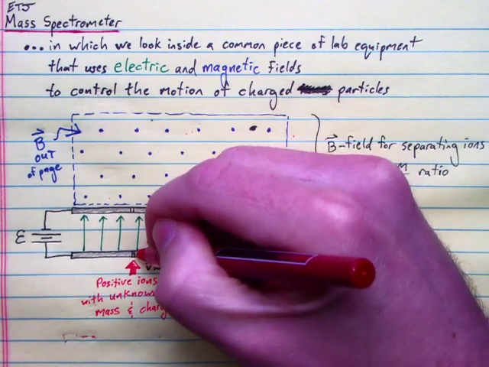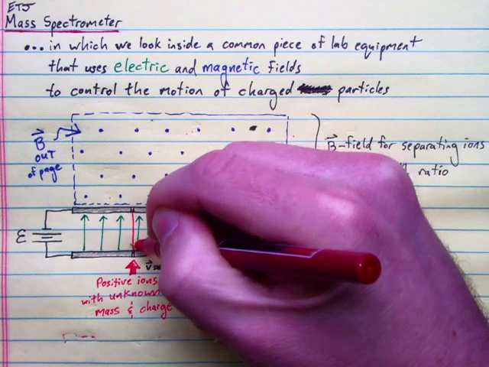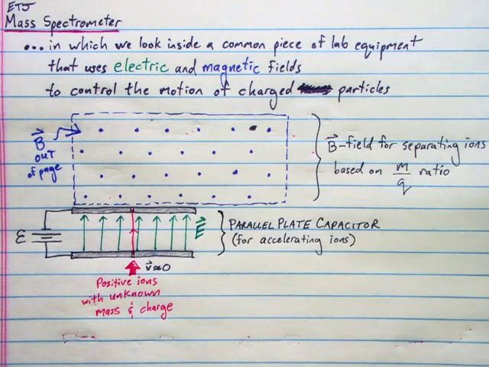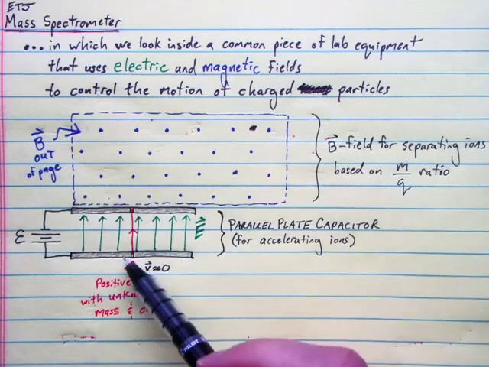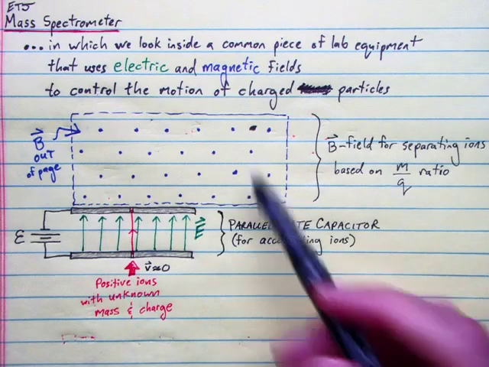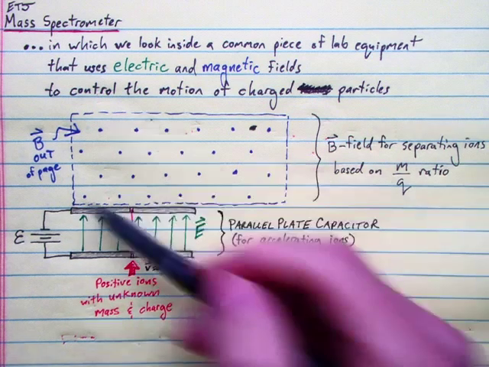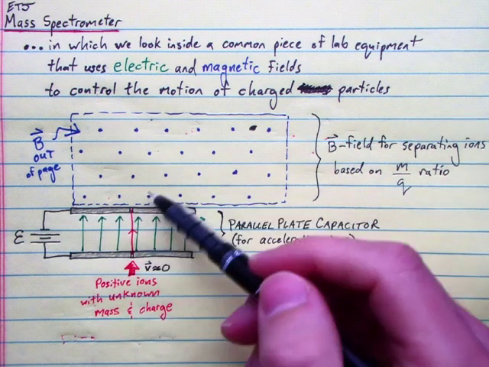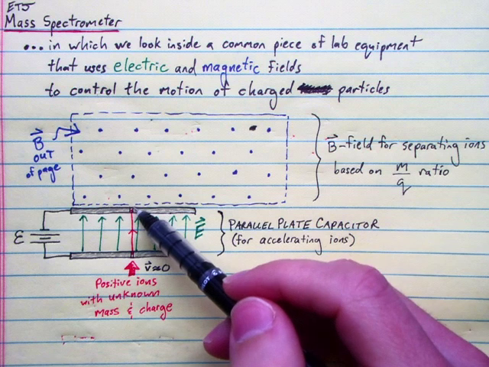So here come our ions speeding up across that gap. Then after passing through our accelerator, they enter this region with some knowable speed.